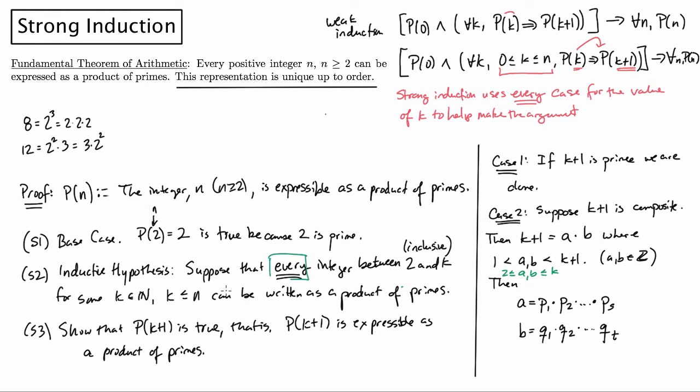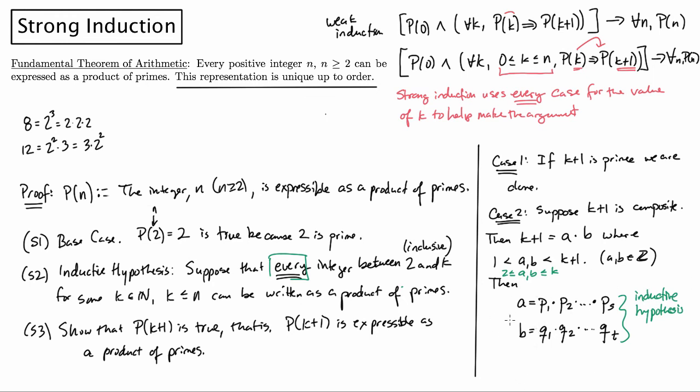And so a and b might be two different integers, so I need to know that every possible integer can be written in that way. So this is true by the inductive hypothesis.